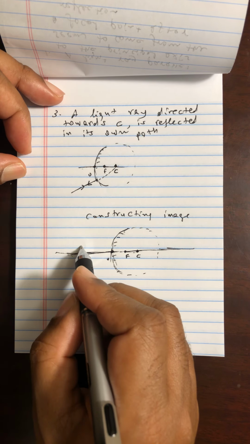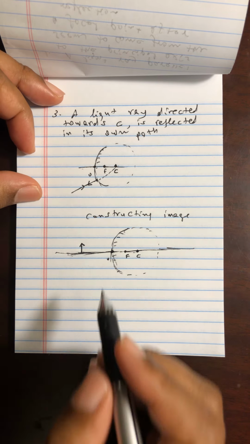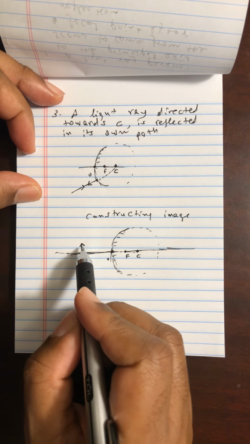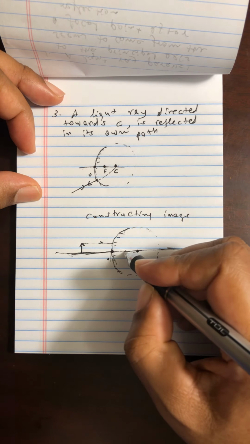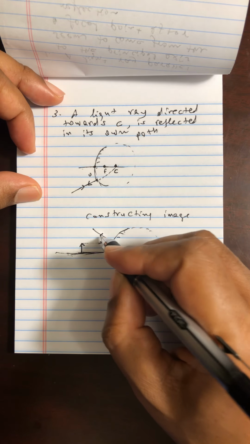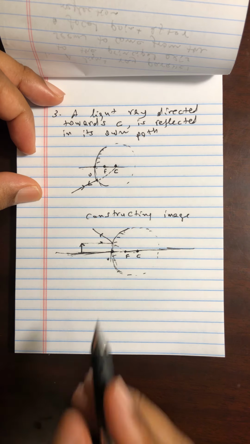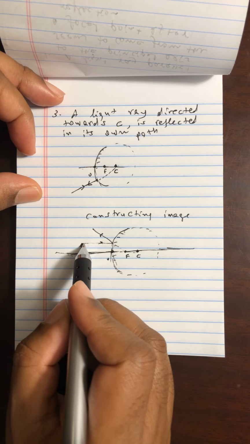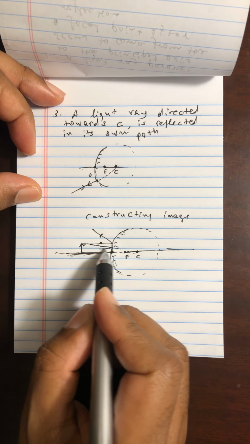So let's say we have an object located over here. So we're going to use a couple of the special light rays to construct images. If you take a light ray parallel to the principal axis, what's going to happen? After reflection, it will look like it's coming from the focal point, so it'll go this way. And how about a light ray directed towards the focal point? If you've got a light ray directed towards the focal point like this, it's going to return parallel.